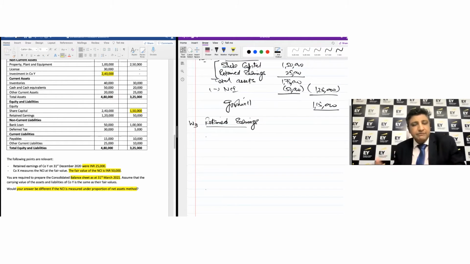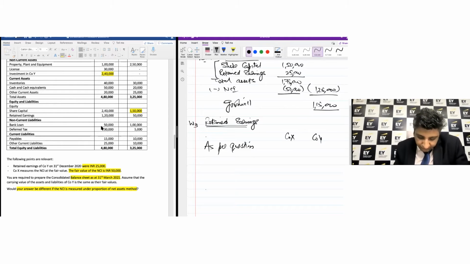Or if there were any elements of equity, we would do it for the same. But then this is the way we want to go ahead. We look at both company X and company Y, and we are saying, what are the retained earnings, as per the question, and we have provided that information. It is 1,20,000 and 50,000 respectively.